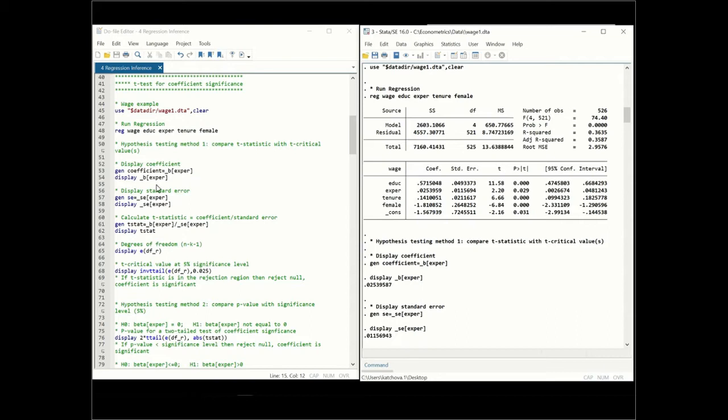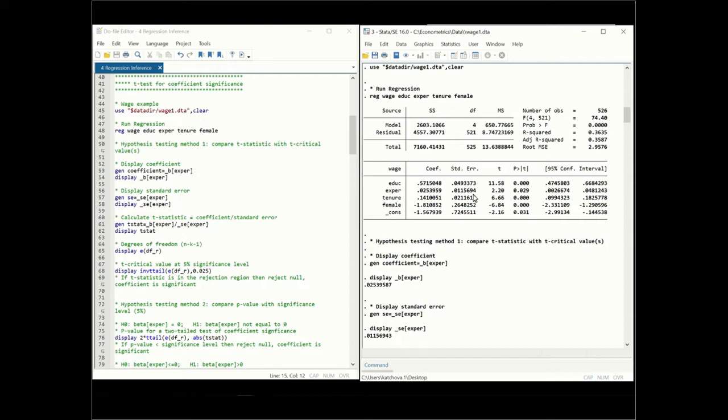So here we would just call this coefficient _b for experience, and then we would be displaying this coefficient, and you can actually see that this is exactly the coefficient that we have listed here. So Stata has stored that. Same thing with the standard error. If you do _se and then the name of the variable and then you display this, you will see that this standard error is exactly the same as the standard error in the regression output.